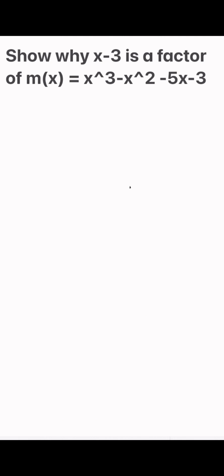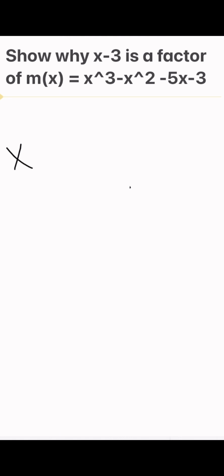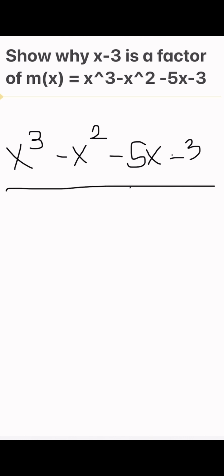We can see that this is talking about dividing polynomials, so let's set it up. That will be x to the third minus x to the second minus 5x minus 3, all over x minus 3.